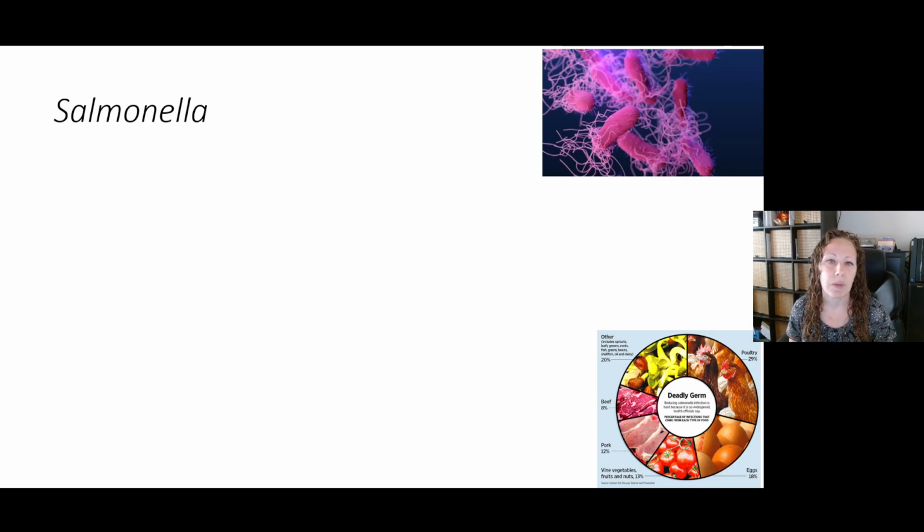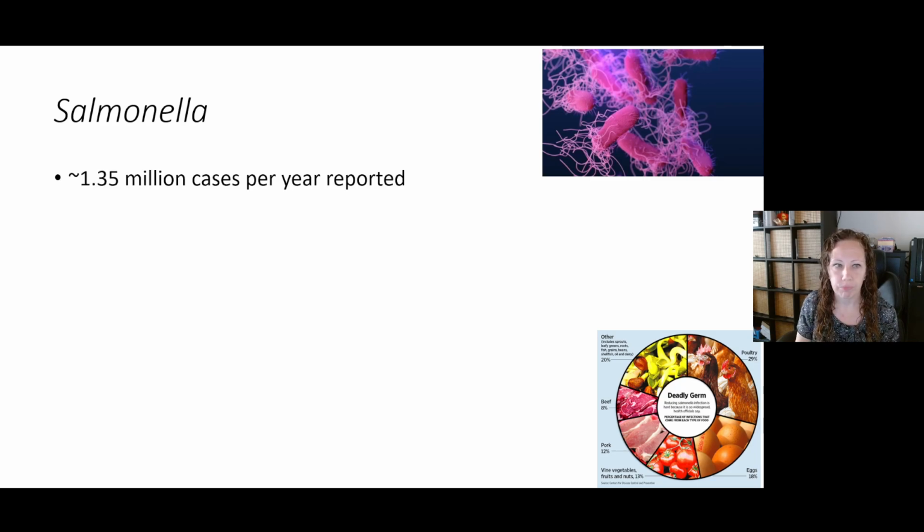Okay, so Salmonella is the next one on our list. That is an organism that causes a foodborne infection, not intoxication, infection. Substantially more cases per year than Listeria are reported for Salmonella: 1.35 million cases per year, 420 deaths.